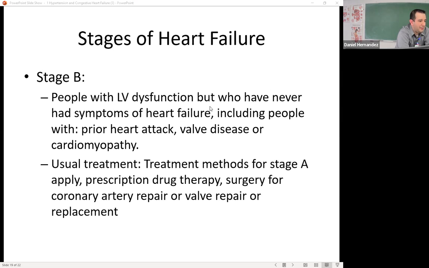They may have had a heart attack, or they may all of a sudden now have valvular disease that we're first picking up for the first time. So these are those first stage patients, they're asymptomatic, but we know they've had a prior valvular disease. We're now discovering they have a history of heart attack or valvular disease or cardiomyopathy.